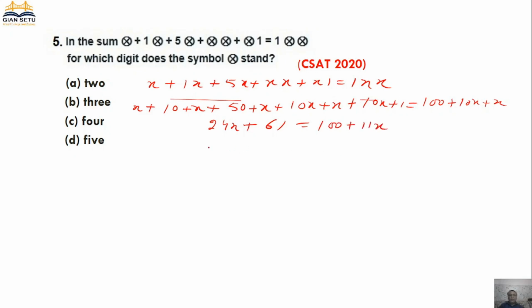Now we can also write it: 24x minus 11x is equal to 100 minus 61, it will be 13x, it will be 39, x will be 3. Okay, so right answer is B here, 3.